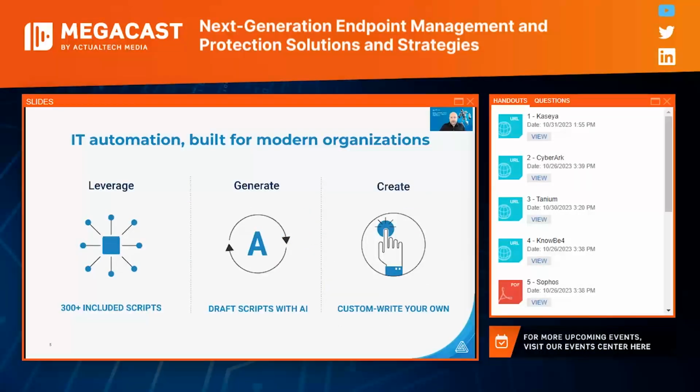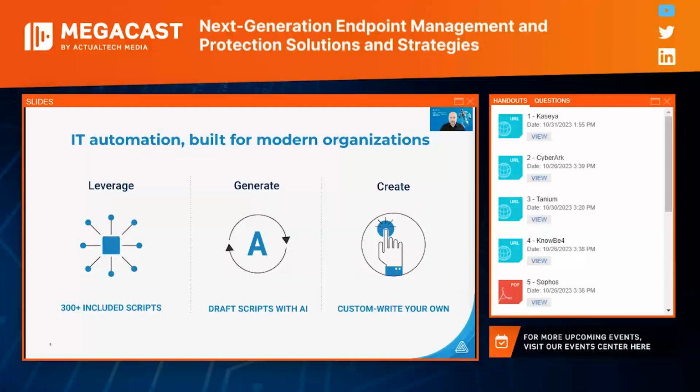Our IT automation, it's built for modern orgs. Again, we started back in the days of on-premise Active Directory, where group policy objects were a great way to write something in PowerShell and push it out across your enterprise. But that didn't flow over to modern SaaS-enabled IAMs.